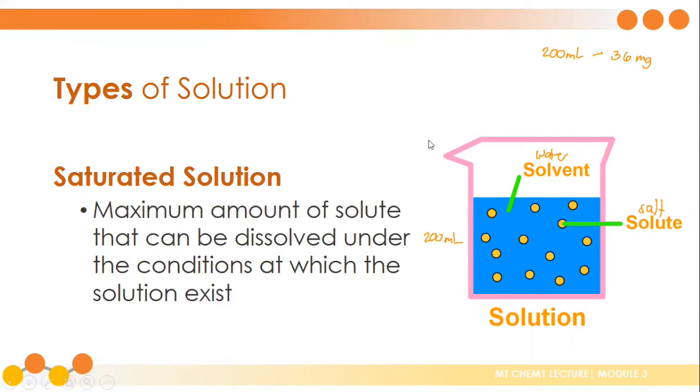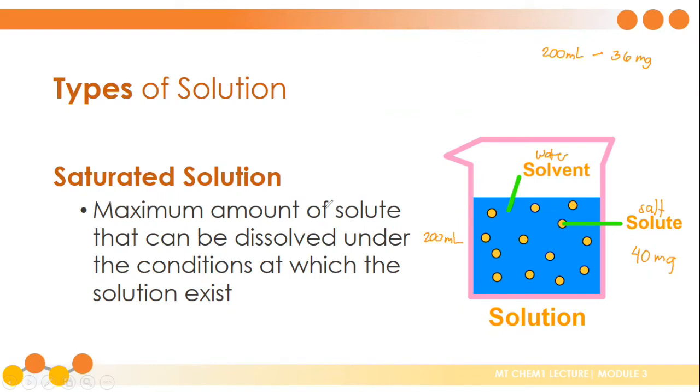Next, we have the saturated solution. A saturated solution means there is the maximum amount of solute that can be dissolved under the conditions at which the solution exists. So let's say, for example, in this one, we still have our 200 ml of water, and then we have salt, which has 40 milligrams.